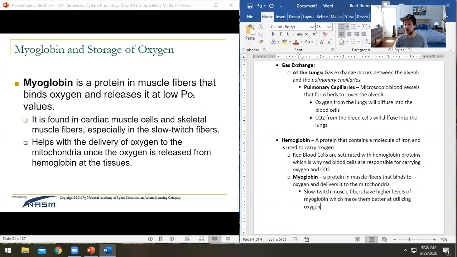This is why they are your endurance muscle fibers, right? When we label something fast twitch or slow twitch, we label it based on how it looks. Well, if it has more mitochondria and more myoglobin found inside of that type of muscle tissue, that is a slow twitch muscle fiber. It may not be able to create very much force compared to a fast twitch muscle fiber, but it can do it forever. So it helps with the delivery of oxygen to the mitochondria.